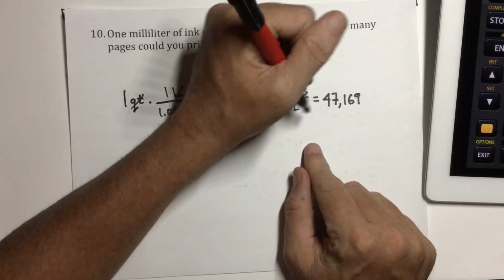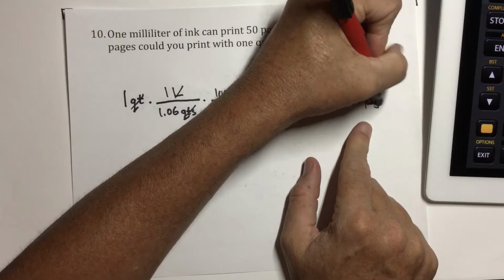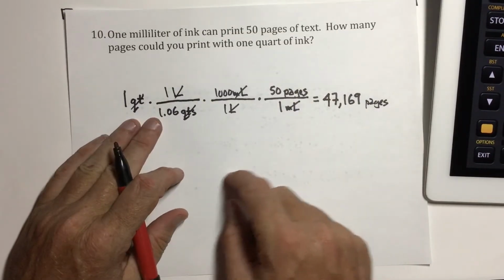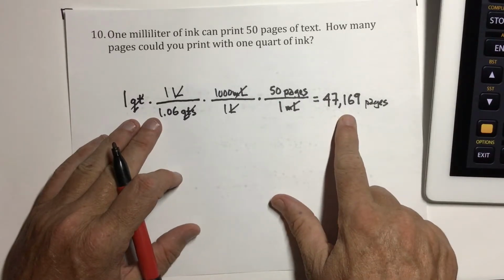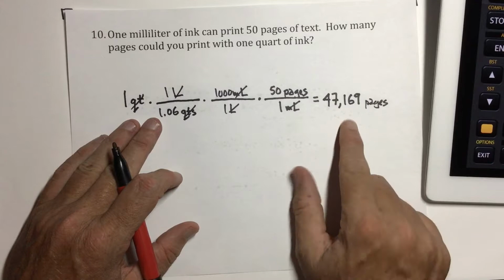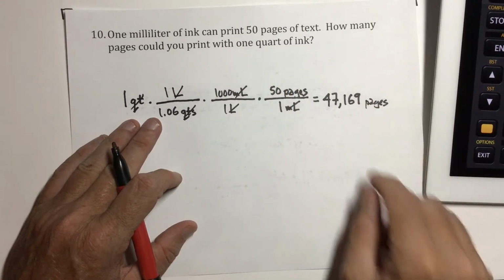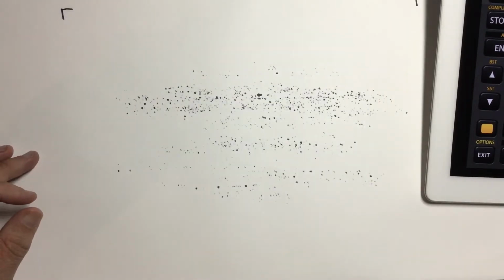So we're just going to go with that as our answer: 47,169 pages. The sig figs matter if something's measured or calculated. But when you're dealing with distinct items, I'm not interested in half a sheet of paper. So you've got to apply some common sense there. All right.